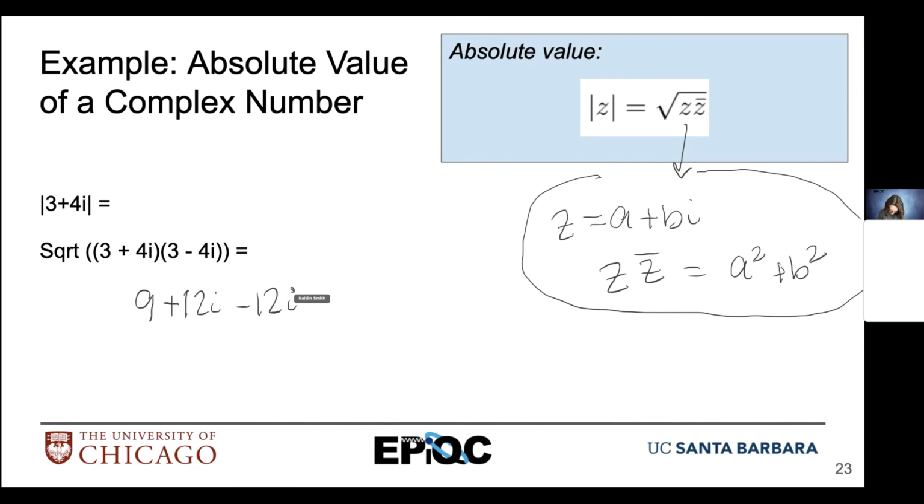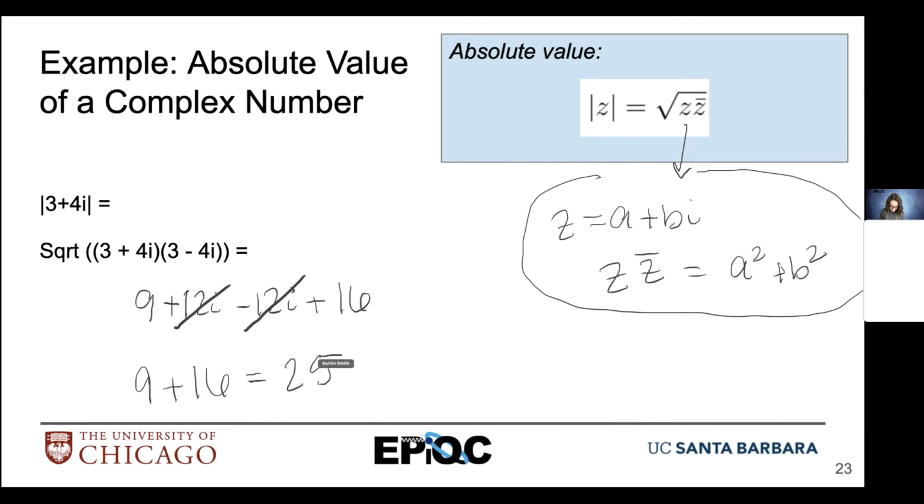And then last, that's going to be plus 16 i squared, because we have i times i, that's going to give us a -1, and then we have a negative value associated with the second term, so negative times a negative giving us a positive. Just like we see here, we have these two terms canceling out. So that gives us 9 plus 16, and that's going to be equal to 25.